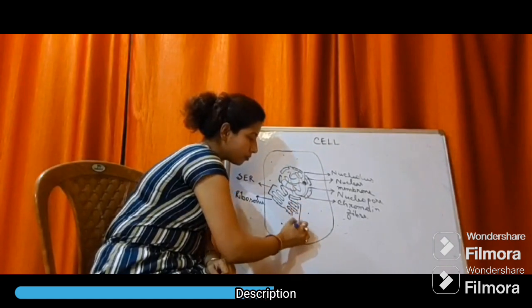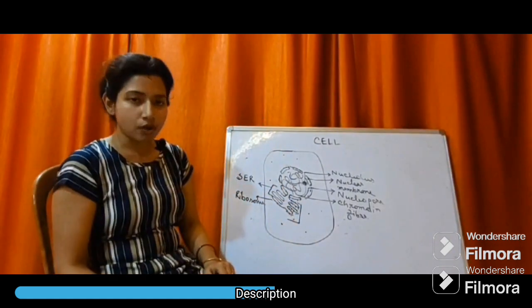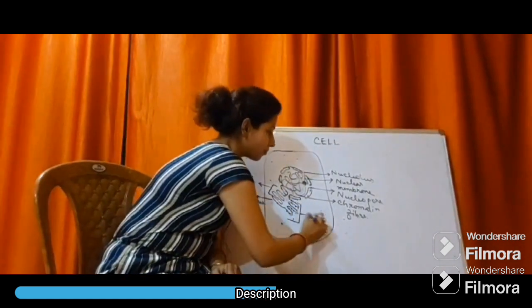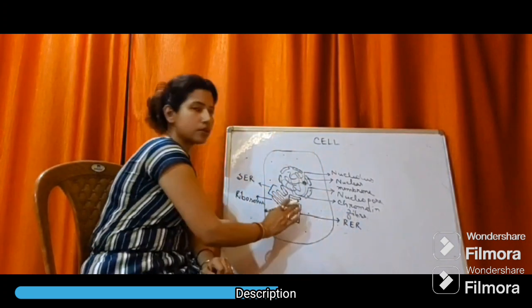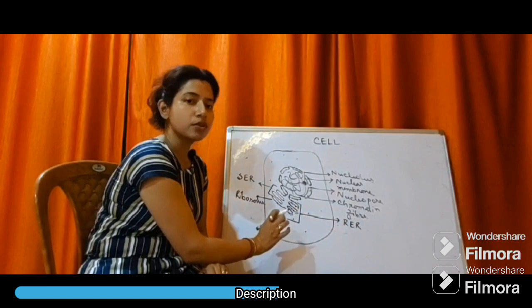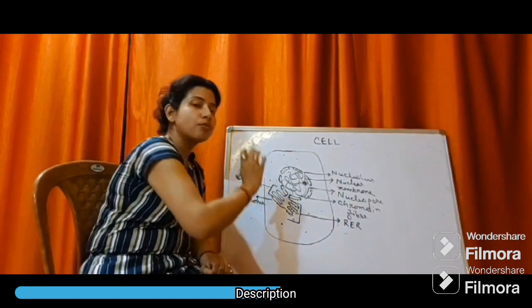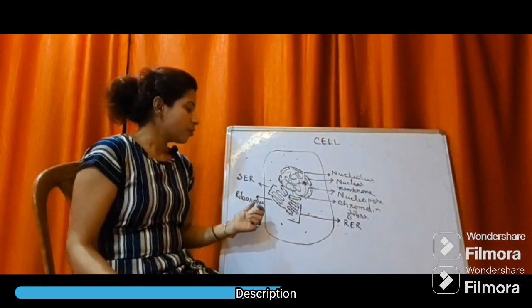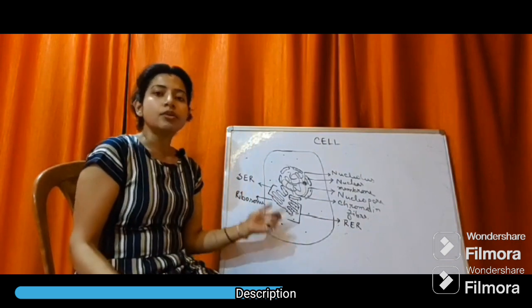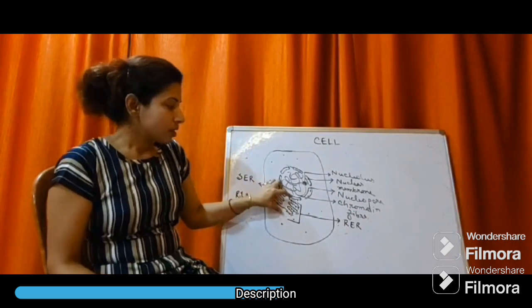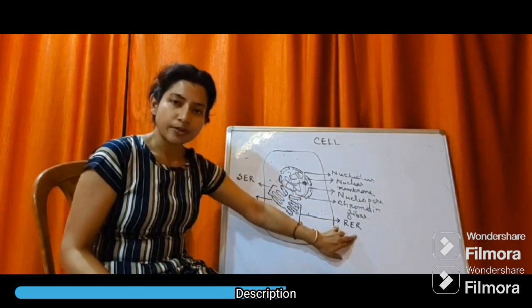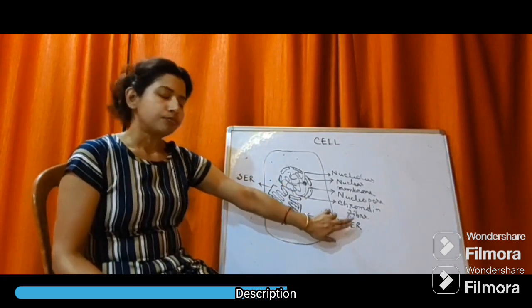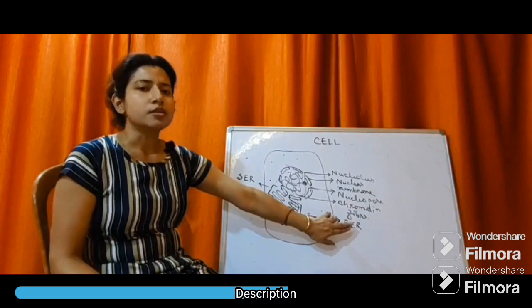And the part which is attached with ribosomes is called rough endoplasmic reticulum because its surface is rough due to the presence of ribosomes. Now, we already know that the ribosome is the part which synthesizes protein. So, this part of the endoplasmic reticulum, that is RER, rough endoplasmic reticulum, particularly synthesizes protein.